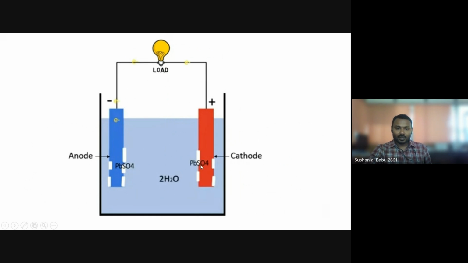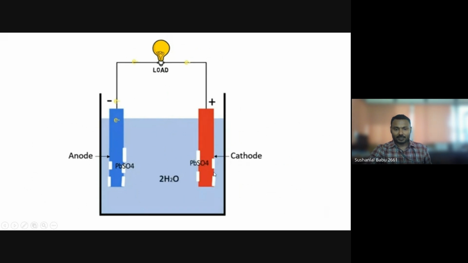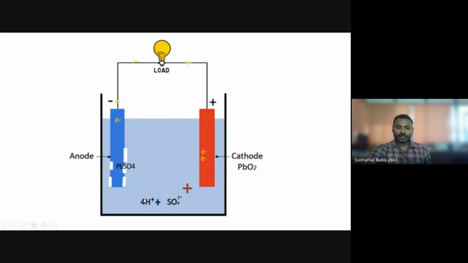So the SO4 2- will get reduced and combine with the Pb to form PbSO4 again, and as part of that, oxygen will receive electrons and O2- will be generated, which will combine with the 4H+ to form water.